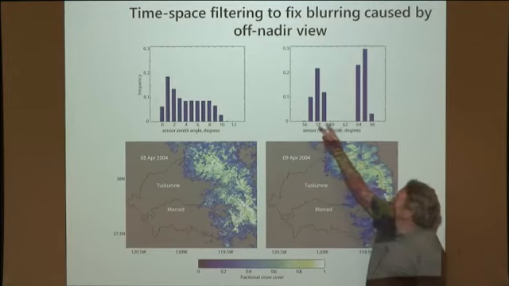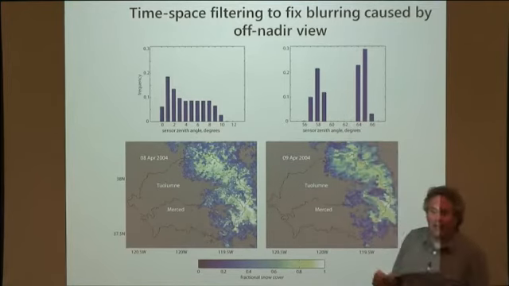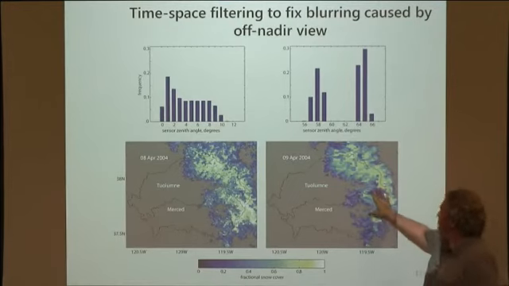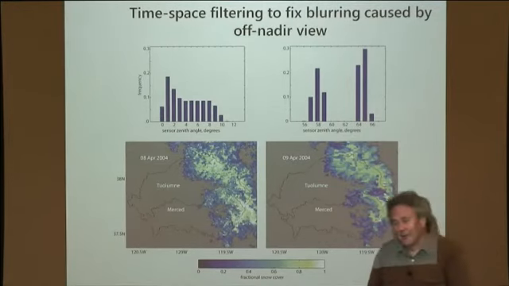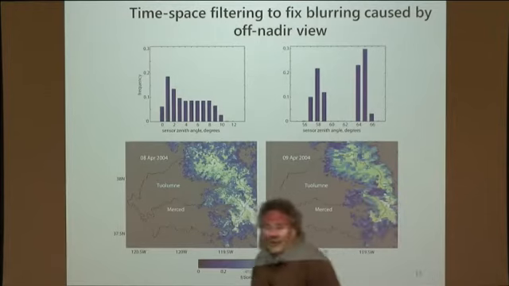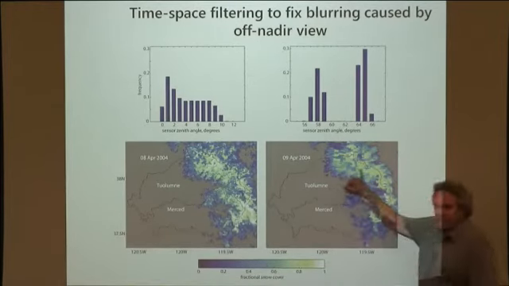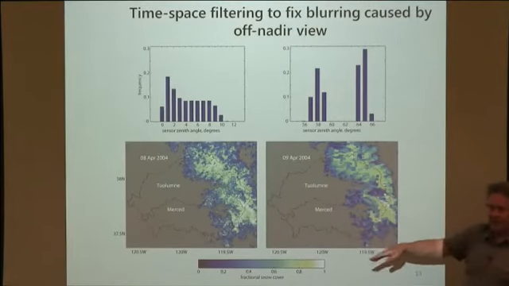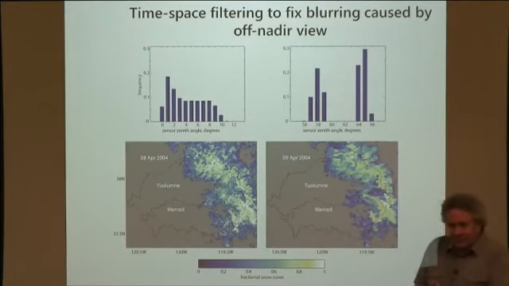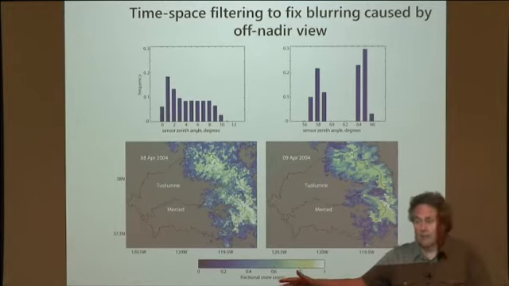And notice that the view angle histograms are bimodal. The reason is that this image was actually stitched together from one pass looking in this direction and one pass looking in this direction. And what you notice about these pixels, well, what happens when you're looking off to the side? Firstly, that pixel expands in both directions because it's just further away, right?